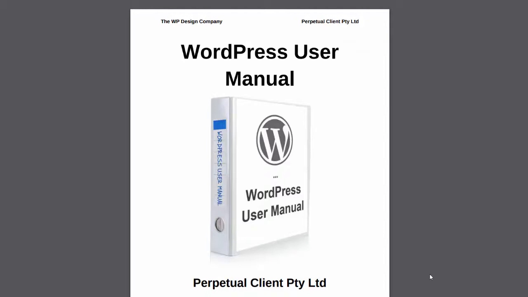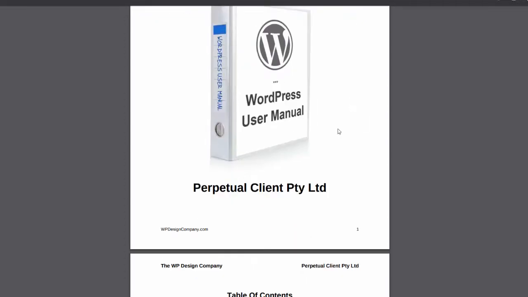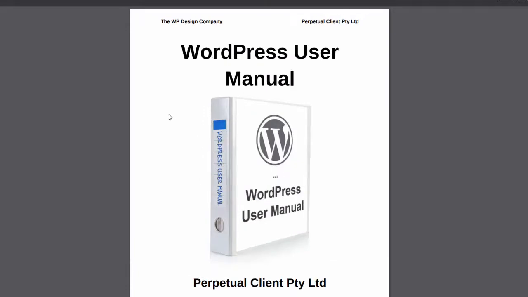Okay, so once the manual has been branded, it will open up on your screen here. And as you can see, we'll just go through here, and you can see that it's added your company name, it's added your client's name, and your client's name appears here as well. And here's your website address.